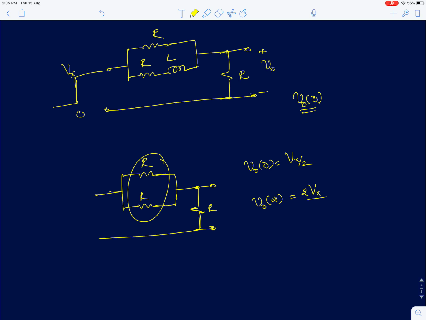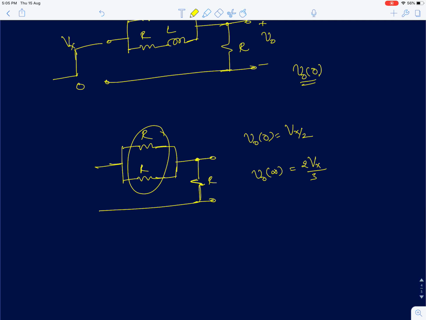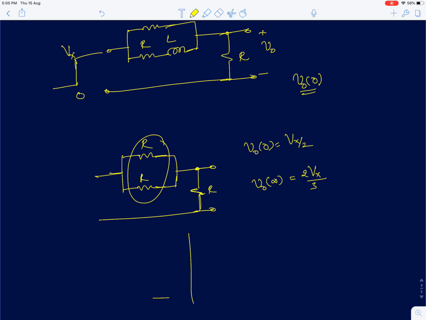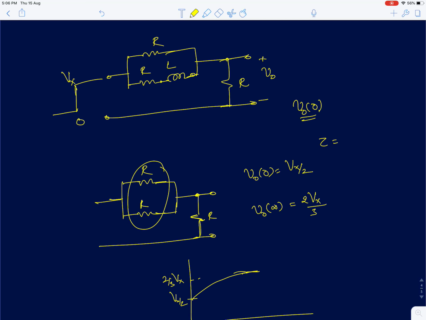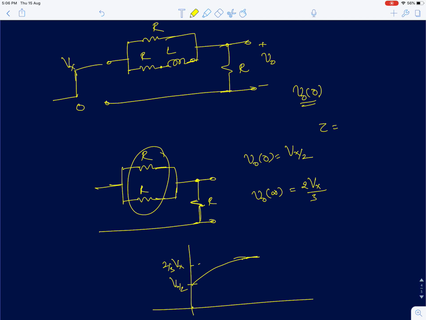It will be 2 by 3 Vx. So your output is going to start from Vx by 2 and eventually go to 2/3 of Vx. Because it's a first order system, there is only one inductor. So to find the time constant here, I have to find the equivalent resistance seen by this inductor. And that equivalent resistance will be 3 by 2 R.